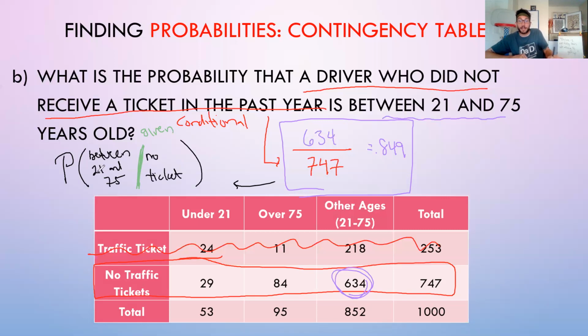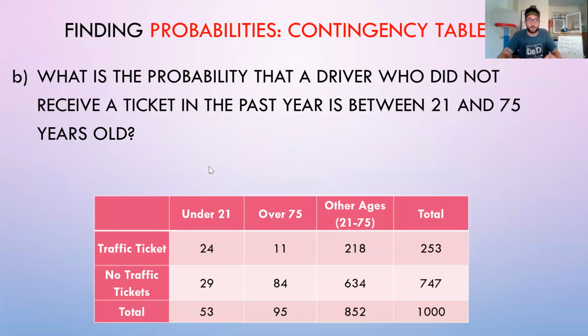So what I've just written in black here, that's the same thing as the question that's in a sentence. What's the probability someone's between 21 and 75, given we know they did not get a ticket in the past year? So not only are we doing a little bit of math here in the purple box, but also we've got some new probability notation to consider.